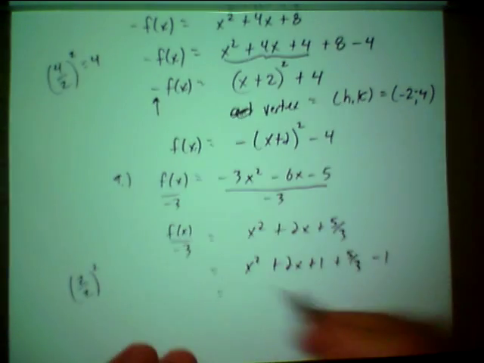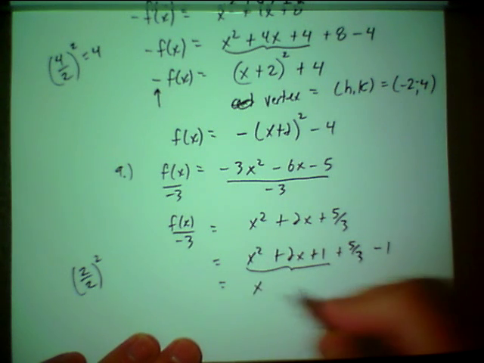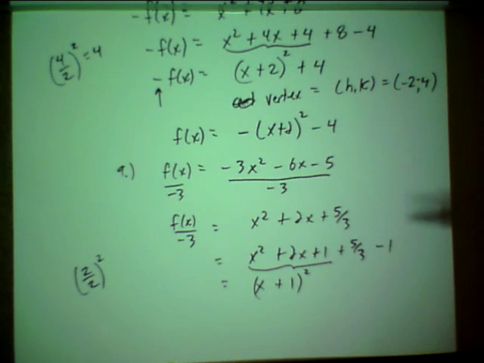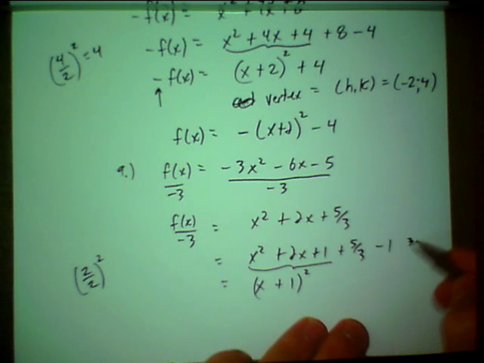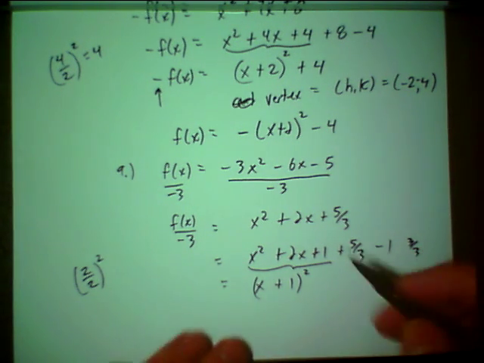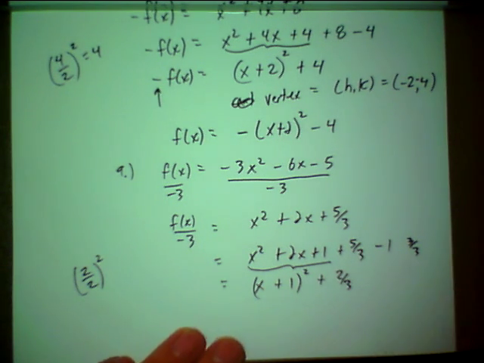Now I can factor this as a perfect square trinomial, and it's x plus 1, the quantity squared. And now I need to combine 5/3 minus 1. Well, 1 is the same thing as 3/3. So 5/3 minus 3/3 would be plus 2/3.